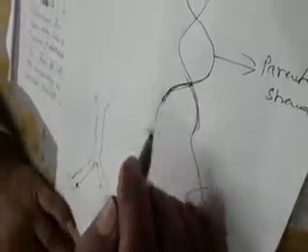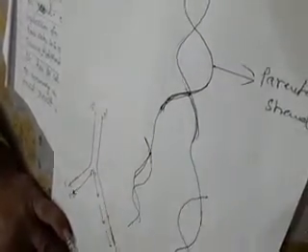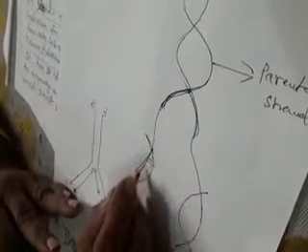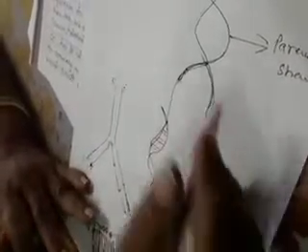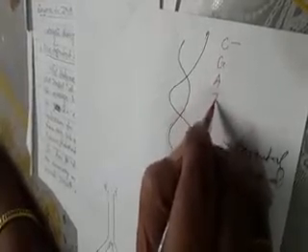They break here like this, and new strands are templated on them. For the synthesis of new complementary base pairs, like this, complementary base pair: cytosine, guanine, adenine and thymine.